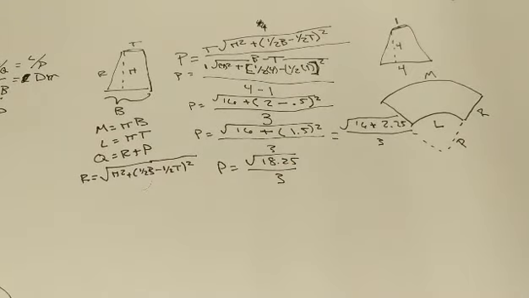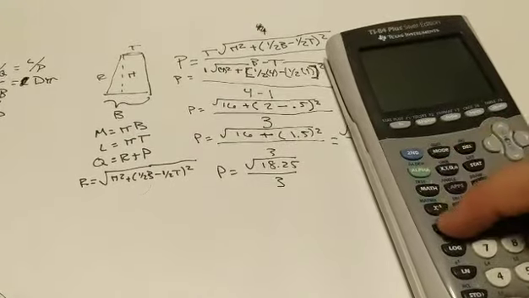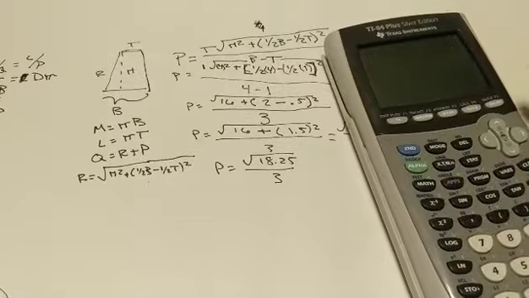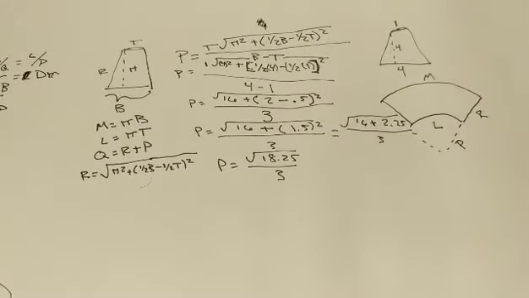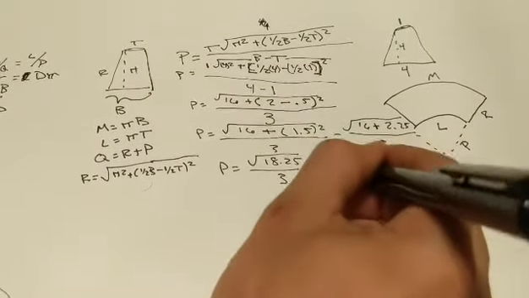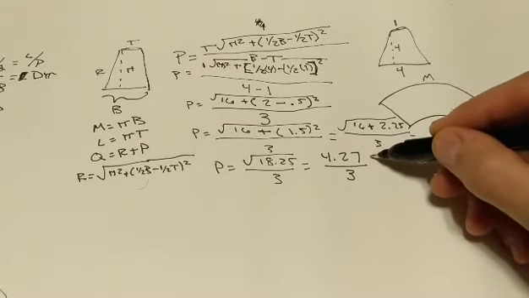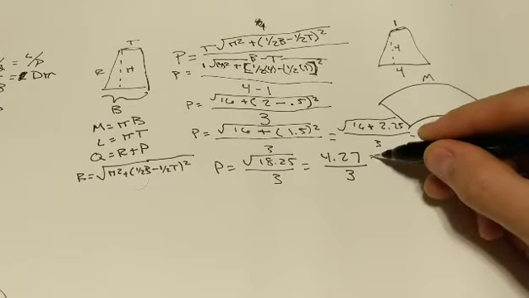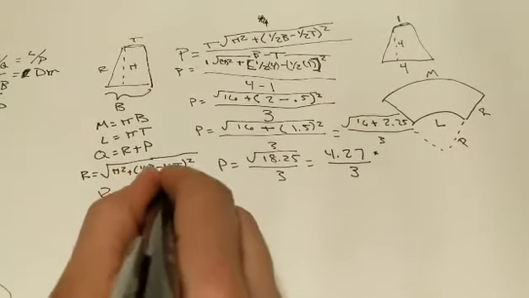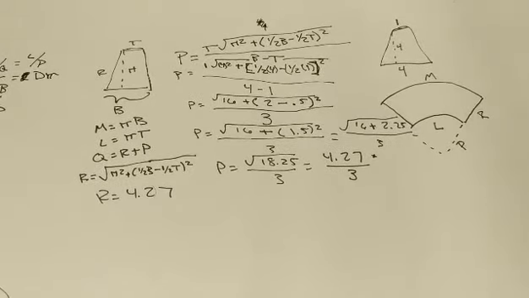Square root of 18.25, that's where our handy calculator comes in, which is 4.27. And remember, that's going to be our R value here. So 4.27 is equal to R, so R is equal to 4.27 for us. 4.27 divided by 3 is equal to 1.42.